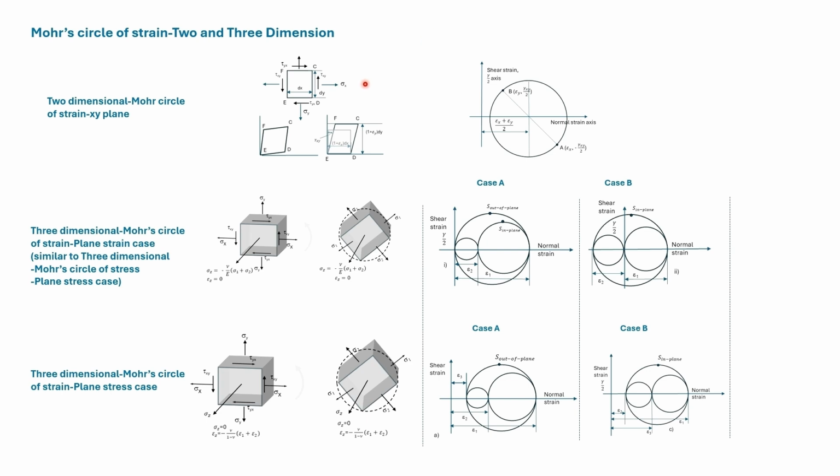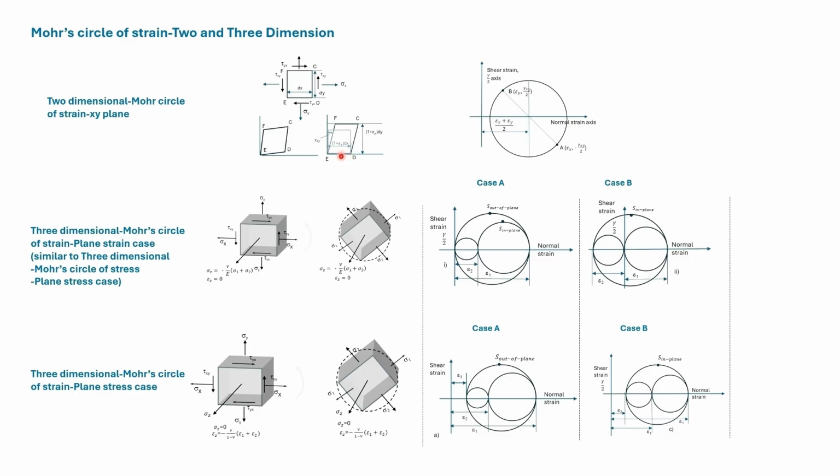It will be distorted due to normal stress in x direction, normal stress in y direction, and shear stress. This diagram shows the distorted element. It has been rotated slightly so that the bottom part ED aligns with the x-axis.